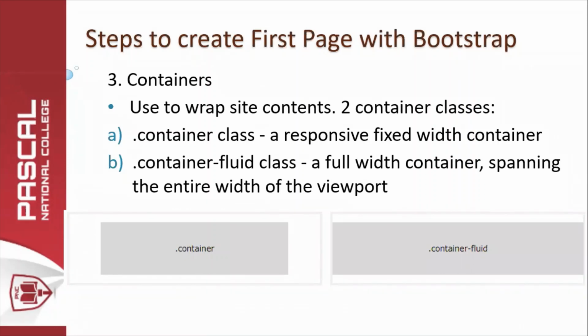The first one is the container class, the other one is container-fluid. This is the difference. If you just use container-fluid, it will span the full width, the entire width of your viewport, meaning the width of your whole page.